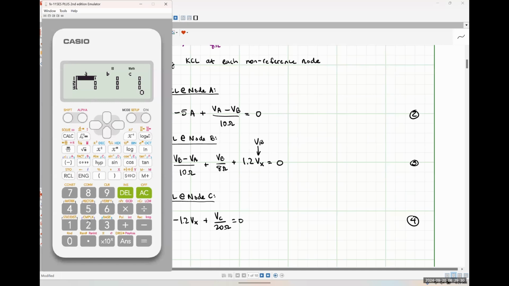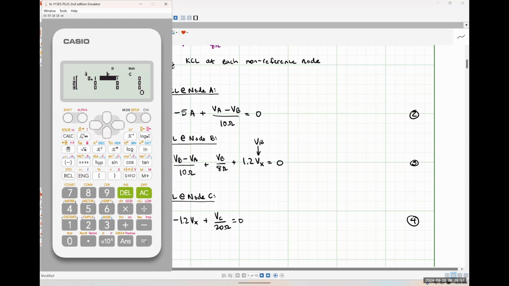Okay, so all I'm doing is putting the coefficients in for my variables in the A, B, and C columns. And then there's a D column off to the right that we can't presently see, and that's where we're going to put in our constant values. Okay, so what would the coefficient of VA in this first equation be? 1/10. Okay, so I'm just going to do 1 over 10 and hit equals.